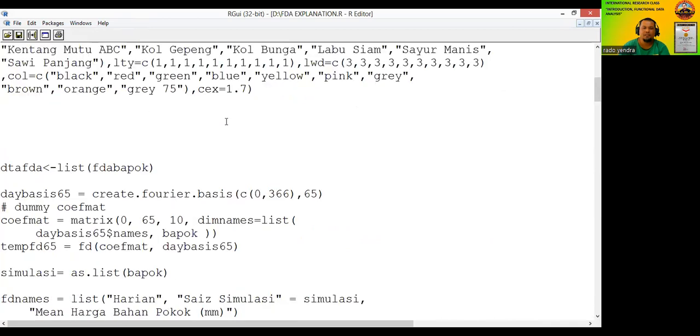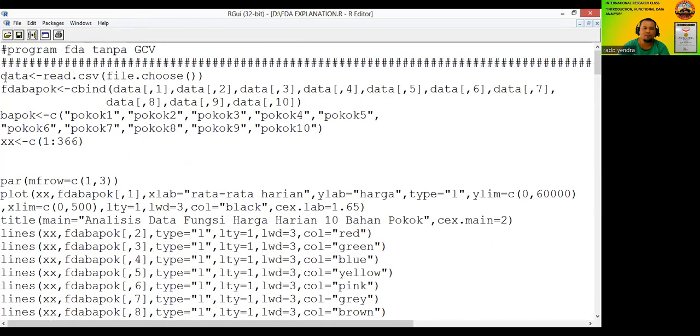For the first time, we have to call our data and manage your data, giving a good name like in this discussion. I give it FDA BEPOK. In Indonesian, BEPOK is bahan pokok. In English, we call that basic commodity.